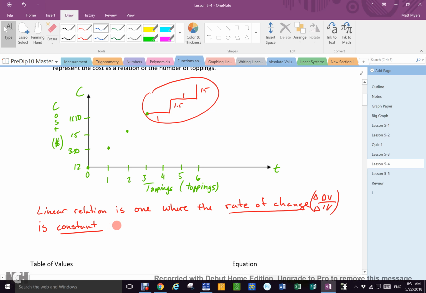No. Linear relations need not be continuous. You can have a linear relation without drawing the line.